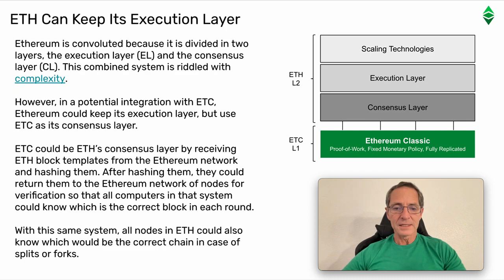ETC could be ETH's consensus layer by receiving ETH block templates from the Ethereum network and hashing them. After hashing them, they could return them to the Ethereum network of nodes for verification so that all computers in that system could know which is the correct block in each round. With this same system, all nodes in Ethereum could also know which would be the correct chain in case of splits or forks.